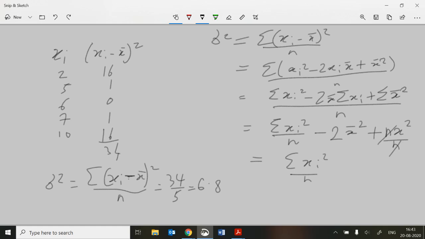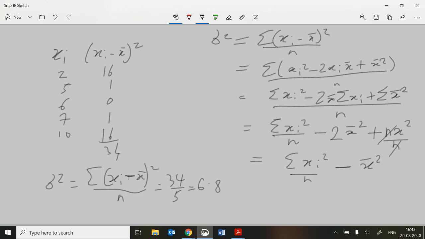Okay, and then we're going to do minus x bar squared here on the end, because we've got two lots and we've got one lot, and this is obviously taking away. So this is the average of your values squared, sum of your values squared, and this is the square of your average. And we've got to subtract in the center there as well.